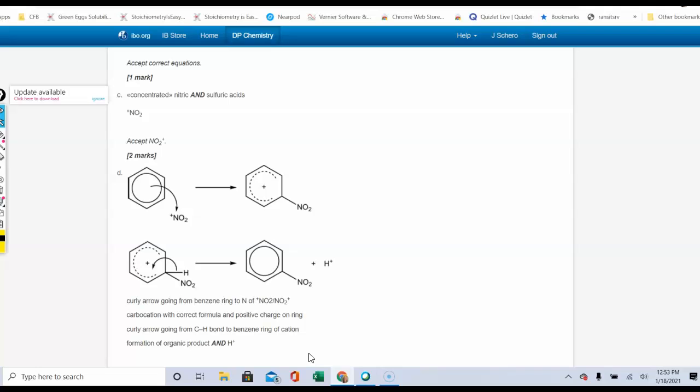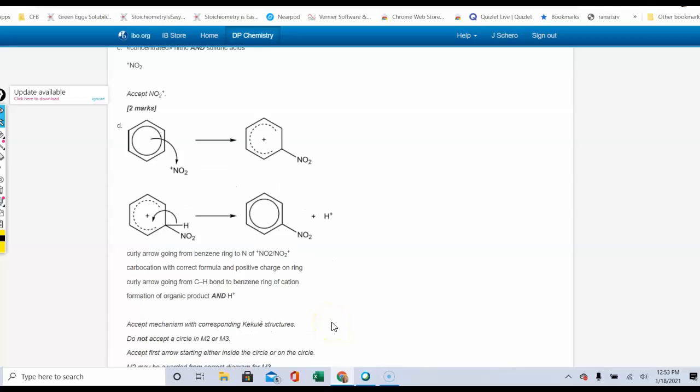The points they give are the curly arrow going from the benzene ring to the N of the NO2 plus, and then the formation of that carbocation with the correct formula and positive charge in the ring. The third mark is a curly arrow going from the C-H bond into the benzene ring, and then the formation of the organic compound, nitrobenzene, and the H plus being broken off.